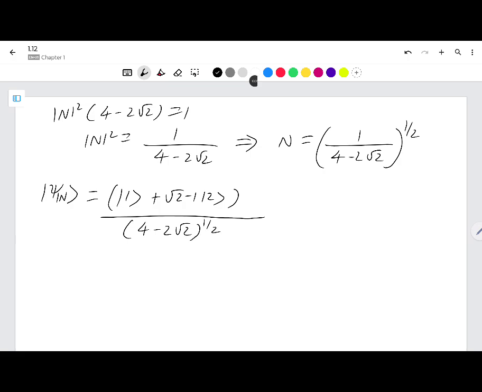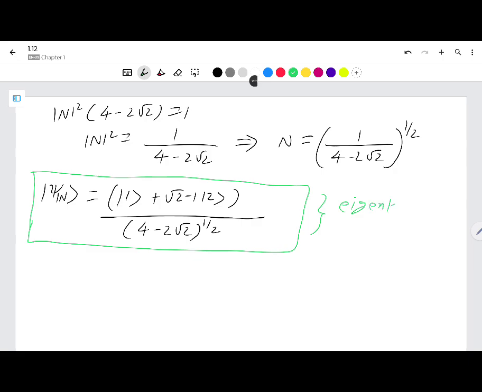So this is the eigenstate or eigenket v1 for the eigenvalue root 2 A, right?